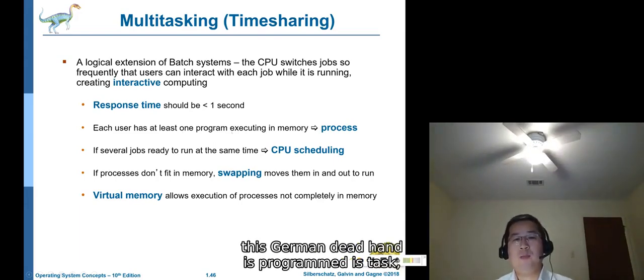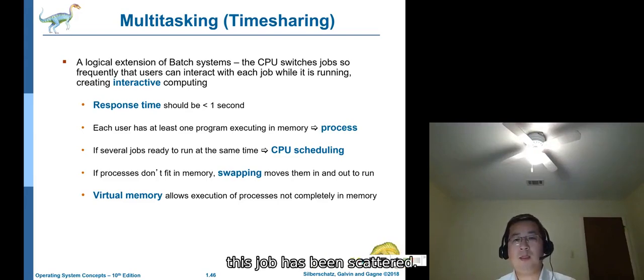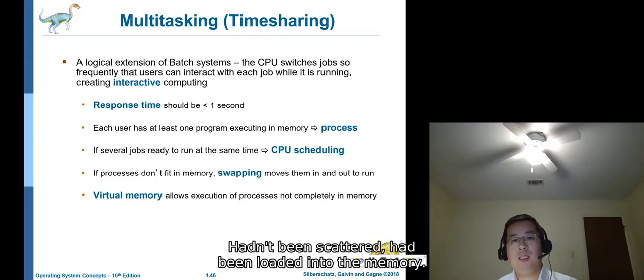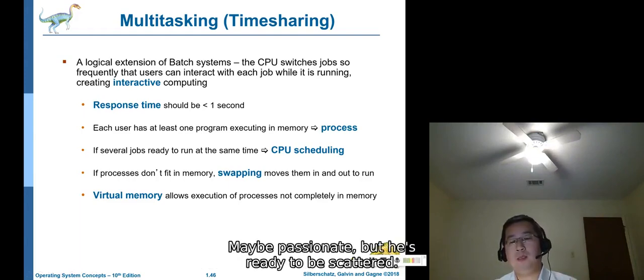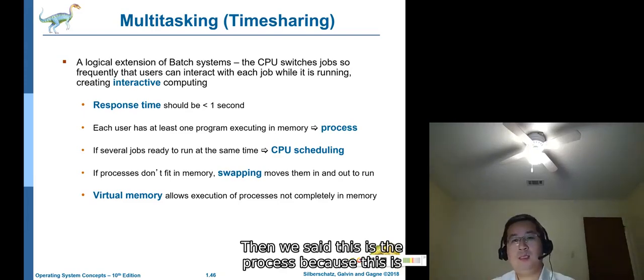If this job, this program, this task has been loaded into the memory, and the data and code have been loaded, maybe partially, but it is ready to be scheduled, then we say this is a process, because this is the running state of the task or the job.